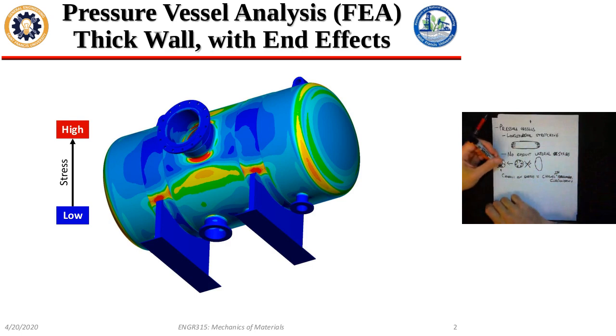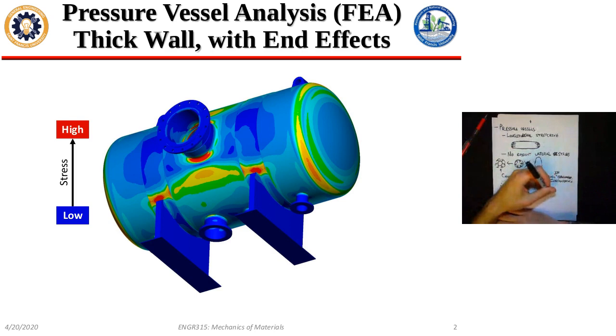So that means that the surface of the pressure vessel, the skin of the pressure vessel, or PV, is actually stretching in the circumferential direction.